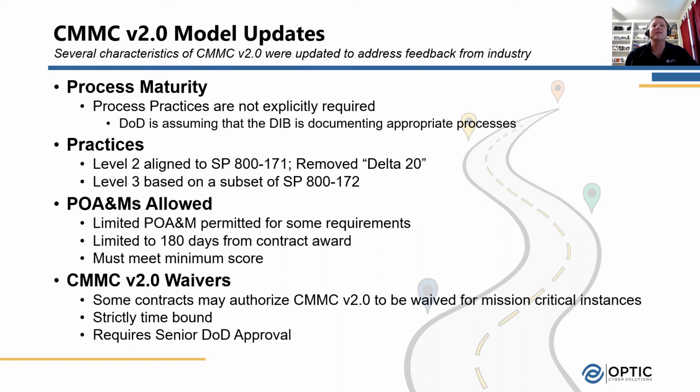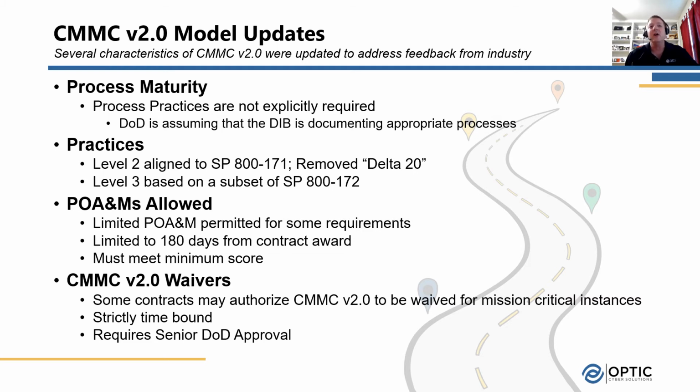In the previous version of CMMC, there was what was referred to as the Delta 20 controls. Basically these were 20 extra practices that were added in CMMC to help drive focus into other areas of a cybersecurity program. Basically, the Delta 20 included things like monitoring audit logs. Well, again, industry told DoD, we're already doing that. Why are you worried about that?